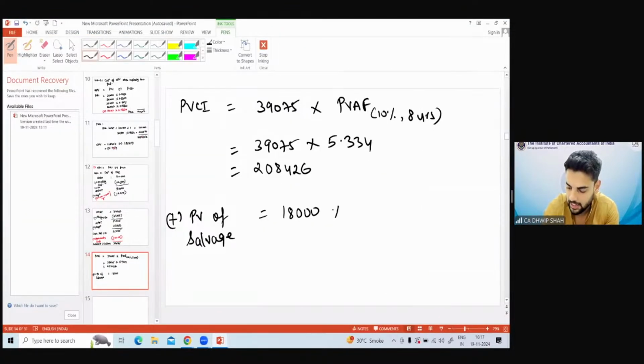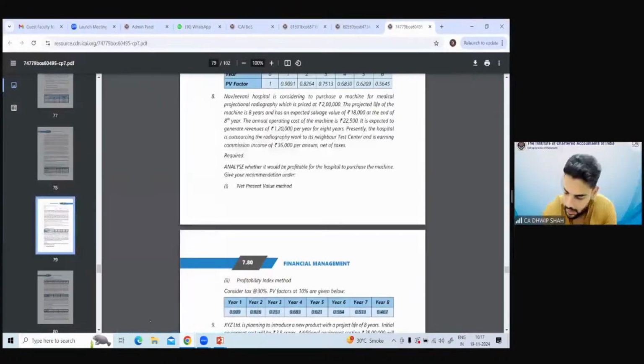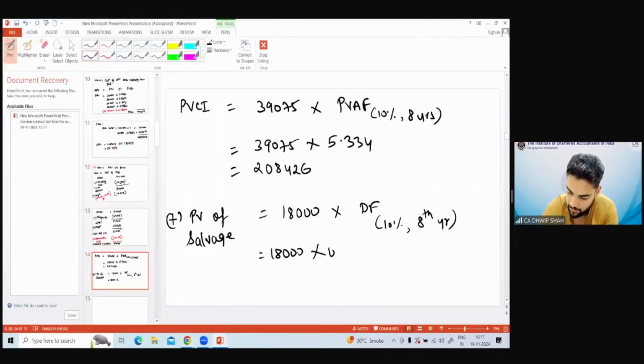So 18,000 multiplied by the discounting factor at 10% for the 8th year, 0.467, which comes to 8,406.